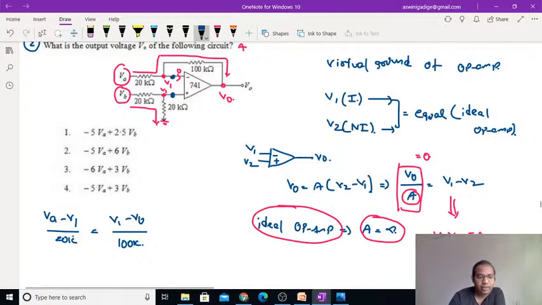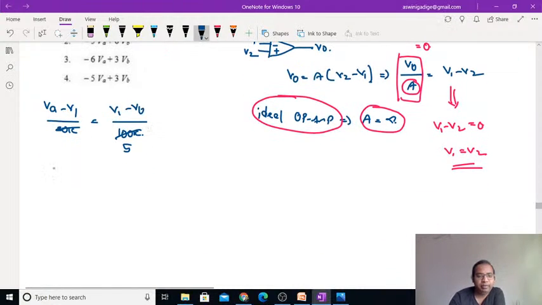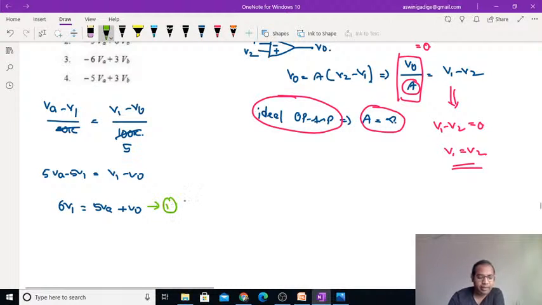Okay, and 5 times will be cancelled, and if I do the cross multiplication, then I get 5VA minus 5V1 is equal to V1 minus V0. Just bring this one here: 6V1 is equal to 5VA plus V0. Okay, so let's take it as equation number 1.